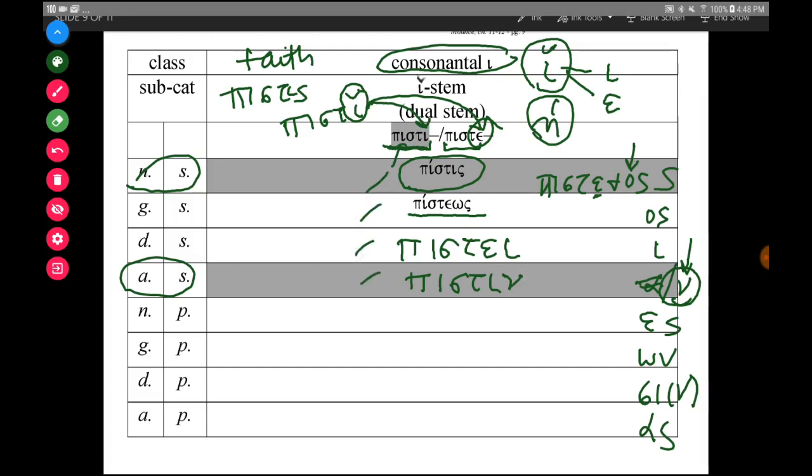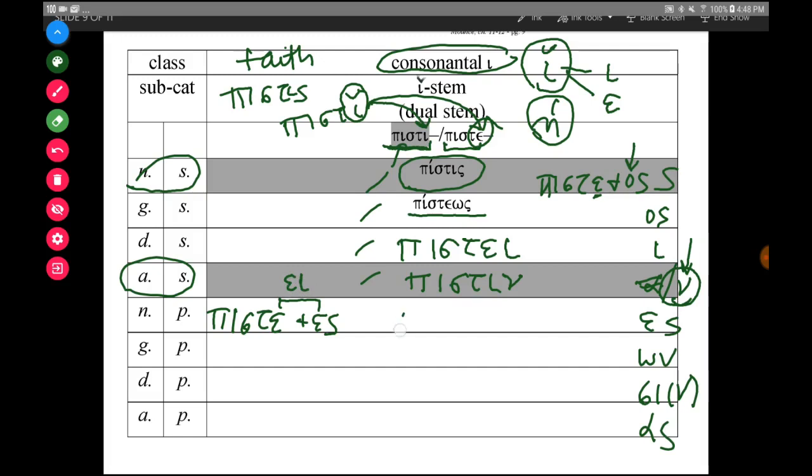What about the nominative plural? Here you have the stem piste plus es. But when the two epsilons are next to each other, they combine to form the diphthong epsilon iota.